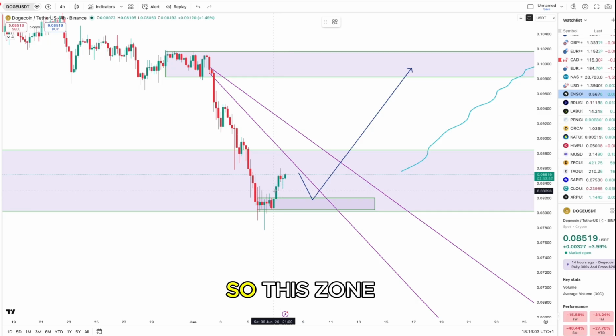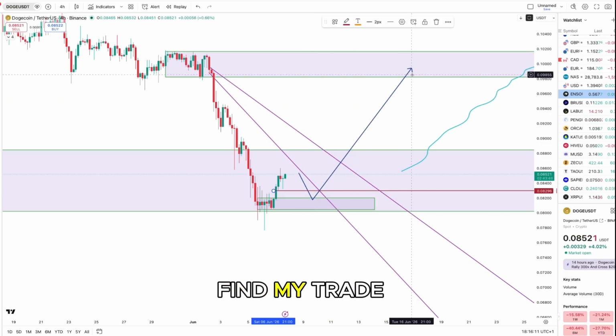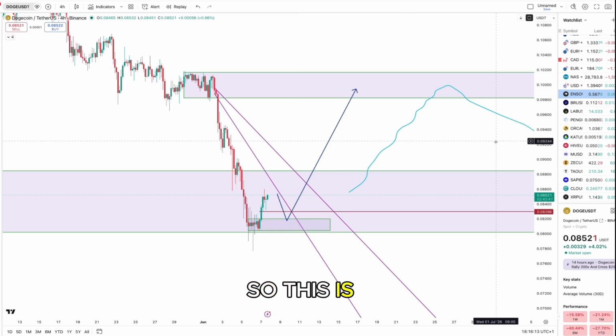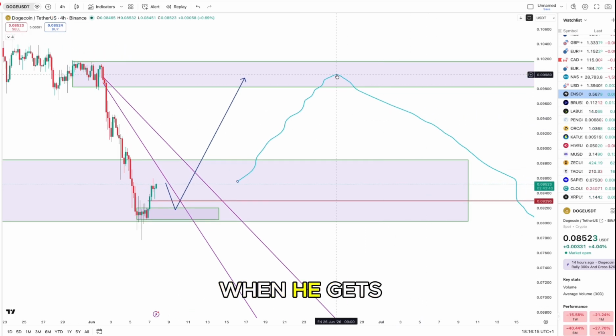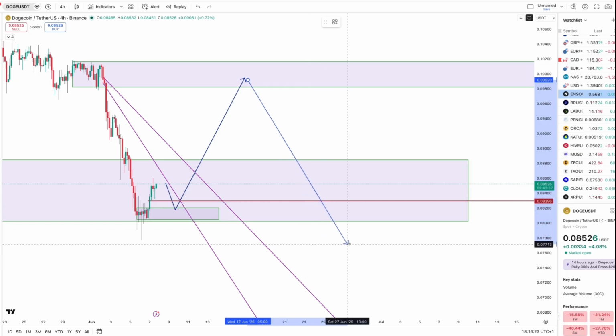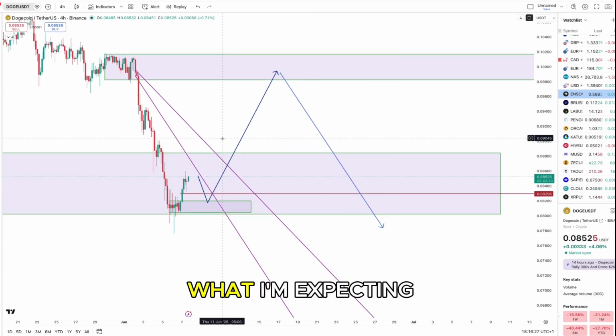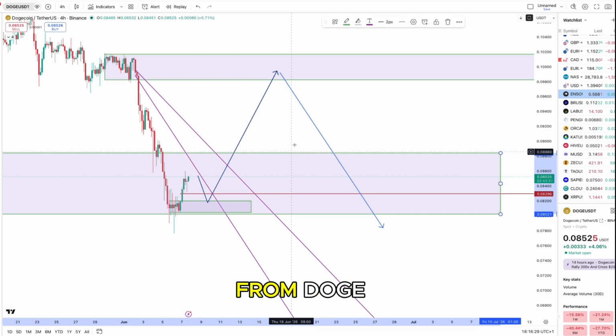So this zone is where I'm waiting for price to take out, for me to find my trade back to that zone. So this is what I'll be expecting on Doge. When it gets to this zone, then it moves back to this next low, unless this place did not hold. But this is what I'm expecting back from Doge.